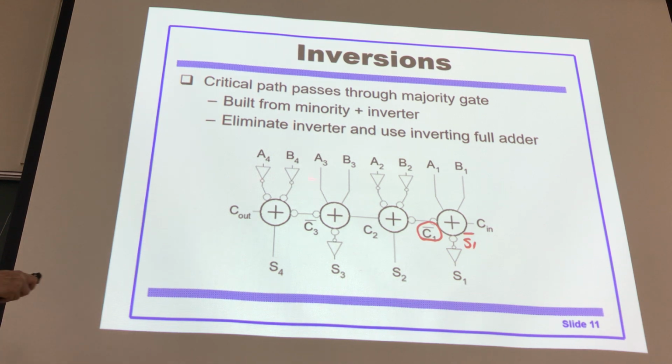You can do it all at the same time, right away in the beginning. There's no propagation effect. But carry propagation, that's the critical path. That will determine your circuit speed.